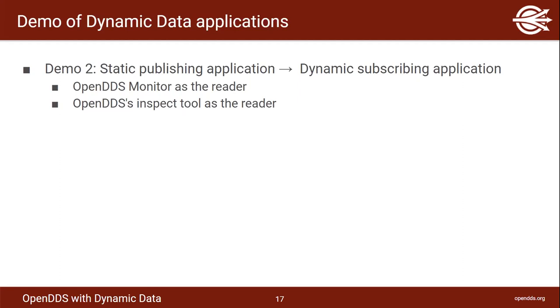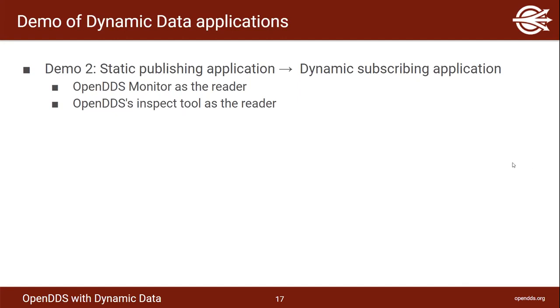That is, we can use a static publishing application to talk to a dynamic subscribing application. This is a use case which Justin and Fred also talked about in the previous slide, which we can use for analysis, for recording, or for monitoring purposes.